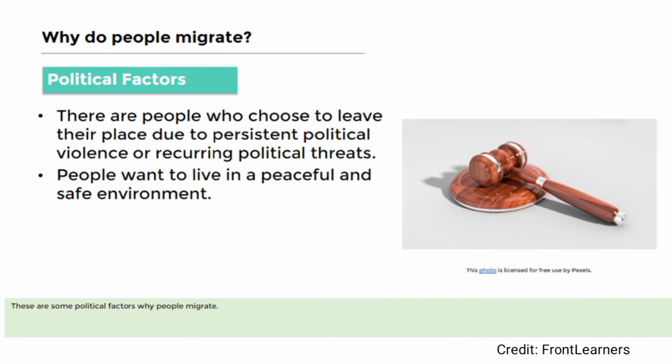Political factors. There are people who choose to leave their place due to persistent political violence or recurring political threats. People want to live in a peaceful and safe environment.